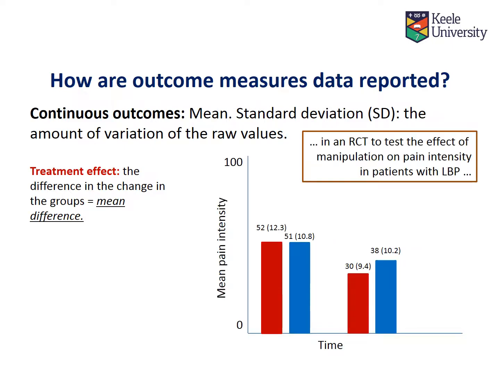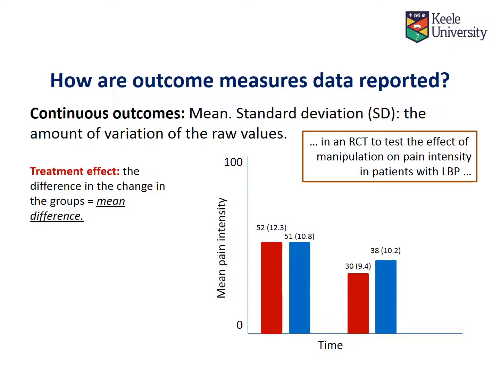Let's talk about another example to illustrate exactly the same principle. So you think of an RCT to test the effect of manipulation on pain intensity in patients with back pain. So on the vertical axis, you've got the mean pain intensity in the group red, which, imagine, is the active, and the blue is the control.